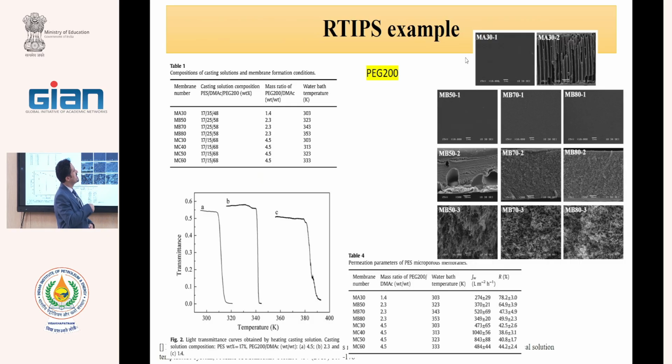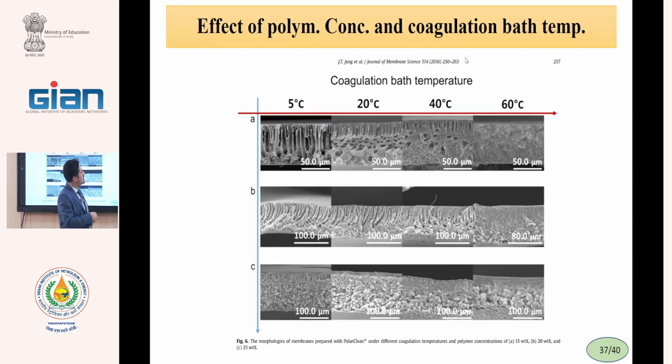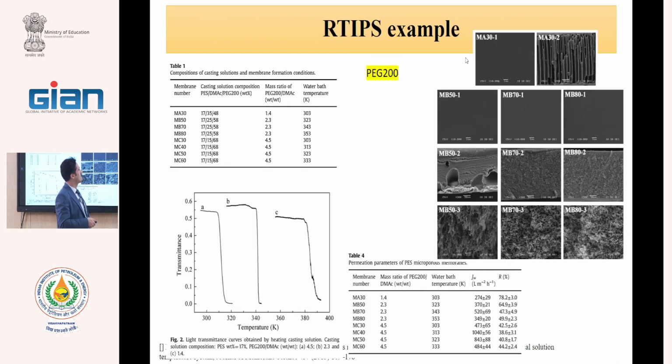This shows the coagulation bath effect on membrane structure: at lower polymer concentration, the coagulation bath temperature can have an effect, but at higher concentration it usually has no effect. Therefore, the coagulation bath can also affect the efficiency of the membrane in the TIPS method.